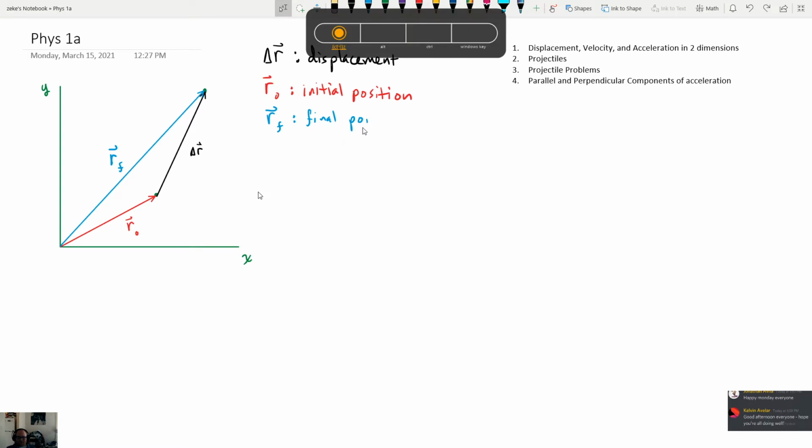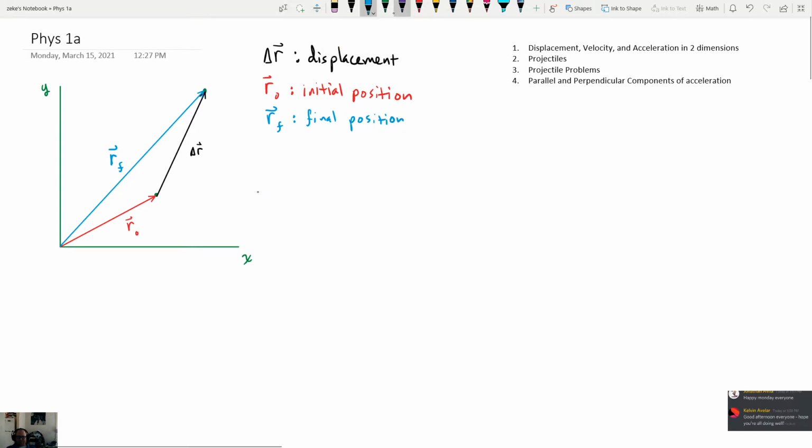The thing that connects all of these vectors is this equation: delta R, the displacement, is equal to the final position minus the initial position. This definition is exactly the same as what we used in one dimension, but now you're moving in two dimensions. You move from this location to this location, and that's what displacement is.